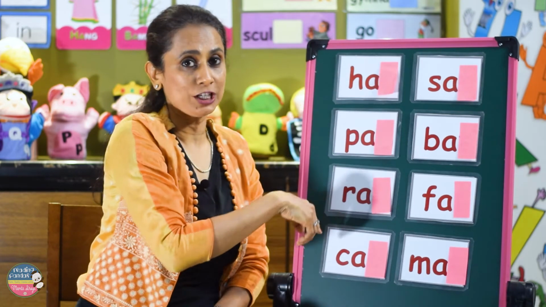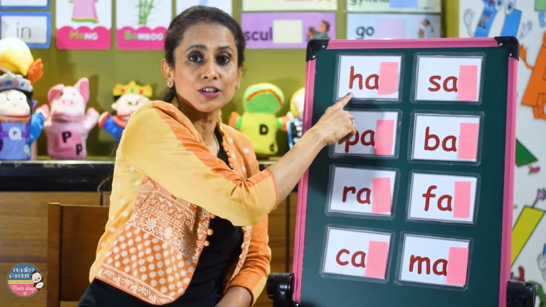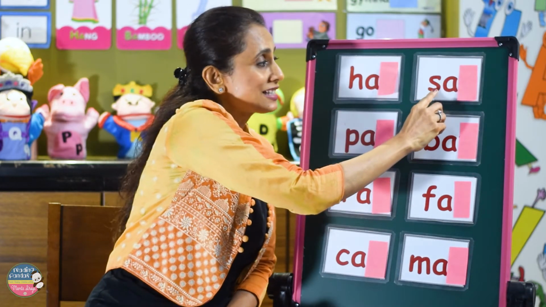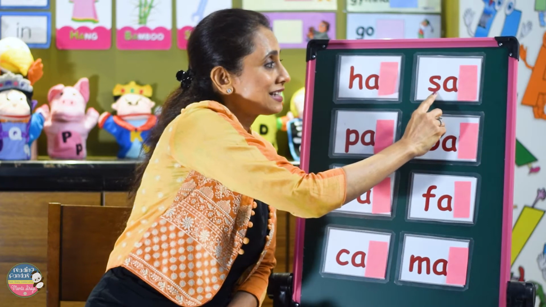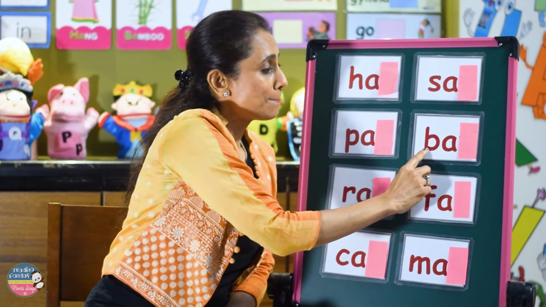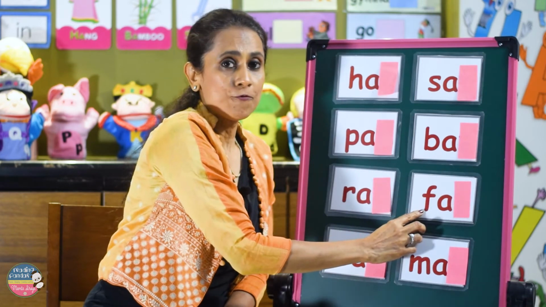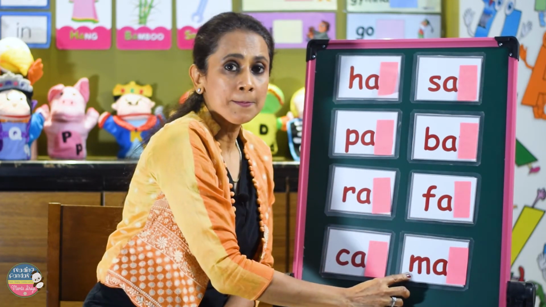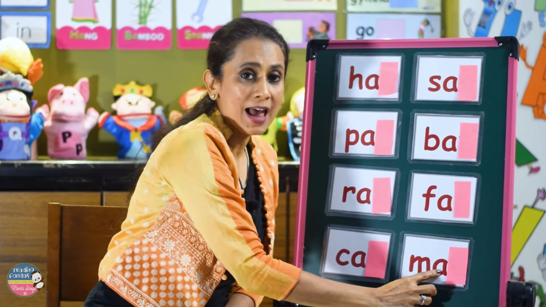So what we have done here is we have blended the first consonant and then the vowel together. Let's do some more. S, A, sa, B, A, ba, F, A, fa, and M, A, ma.